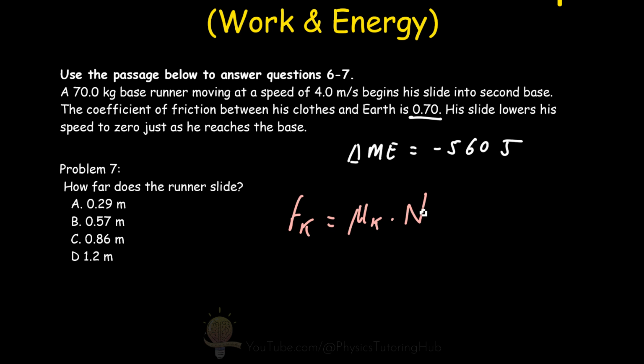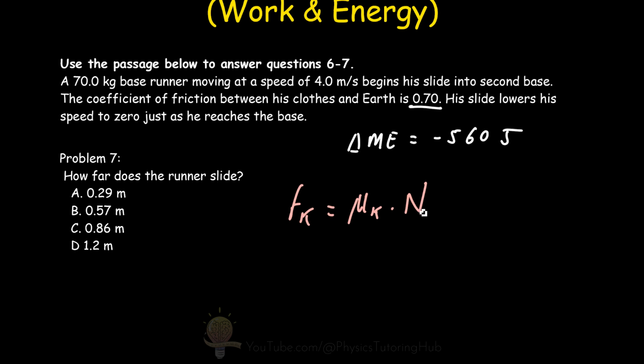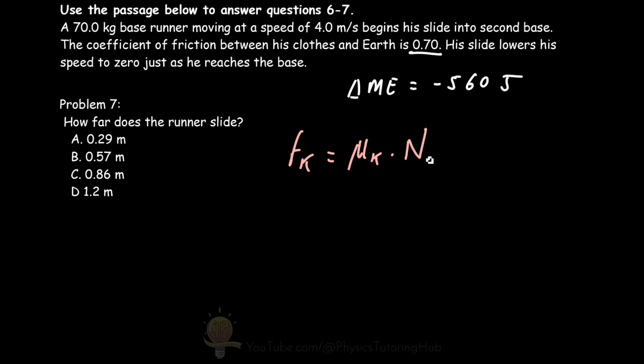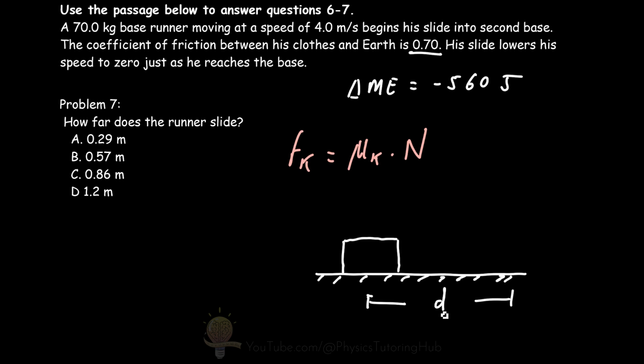So if I draw up a free body diagram here of our runner and show you where the normal force is and how our force of kinetic friction is acting on our runner, it might make things a bit clearer. So that's the ground. This block here represents our runner, and he's sliding a distance of d to the second base.